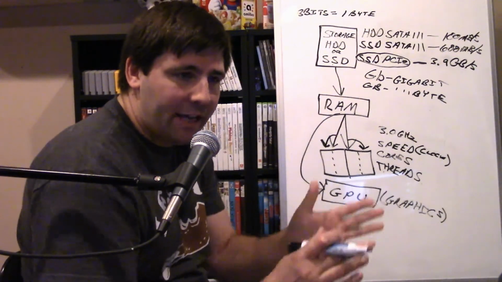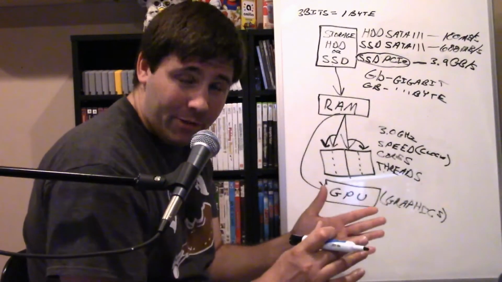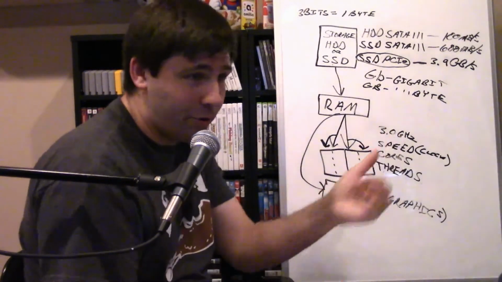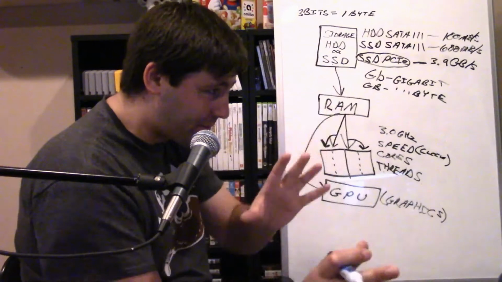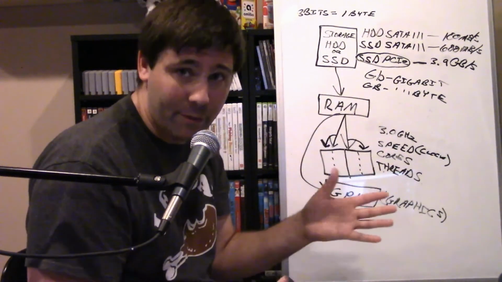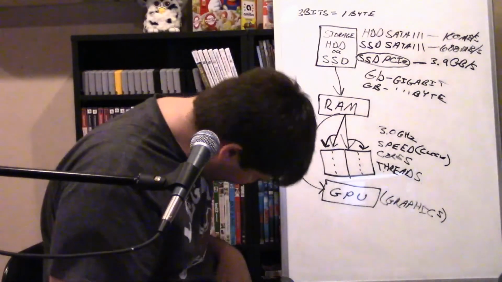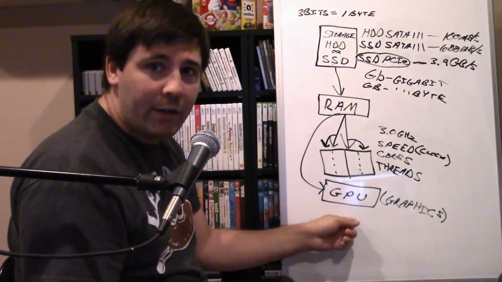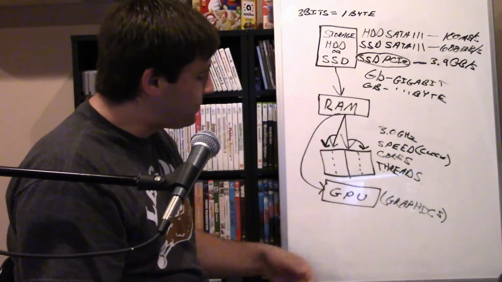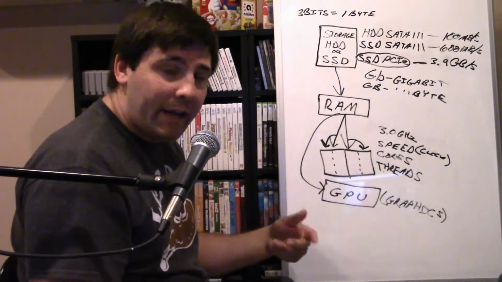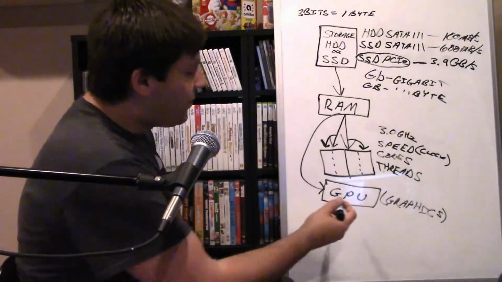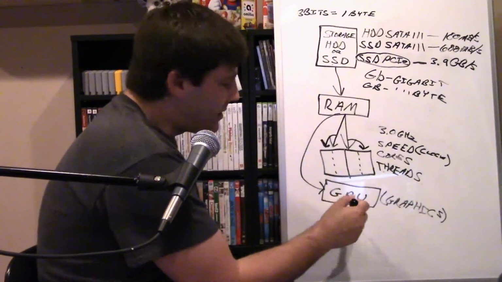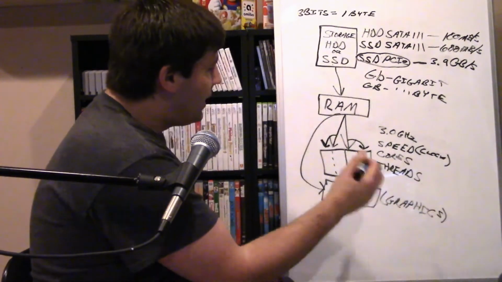And the computer doesn't know what it's going to be because you're controlling the game. The camera goes in all different directions in most games. So the GPU has to be encoding and rendering that on the fly. So that's why it's better to have a separate processor doing all of that.